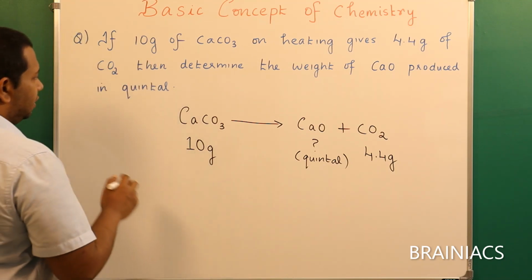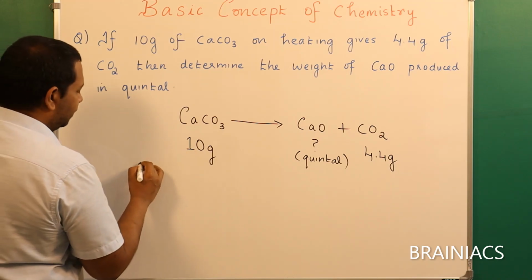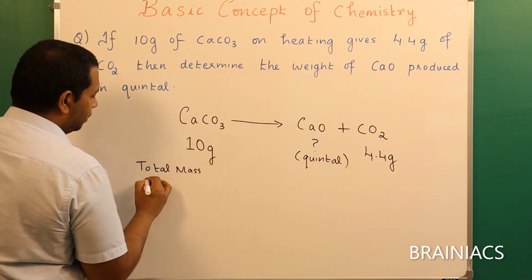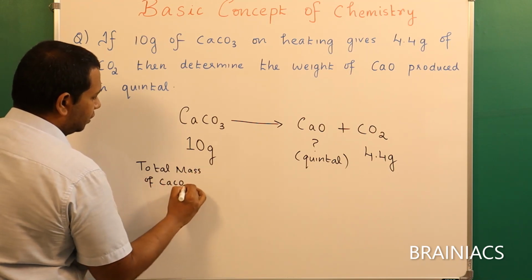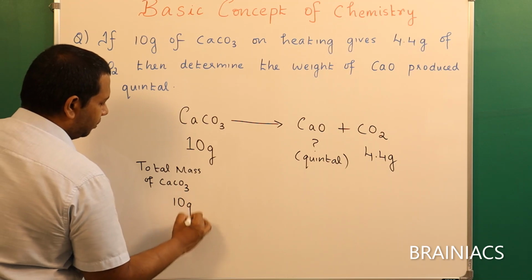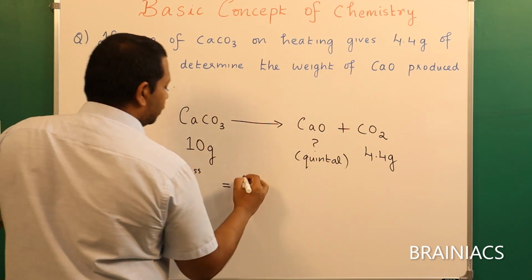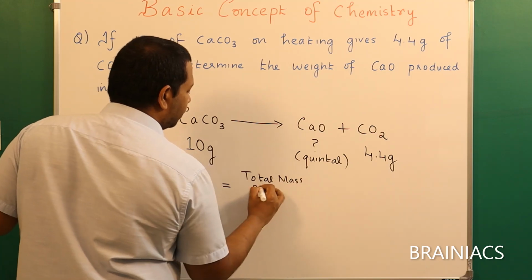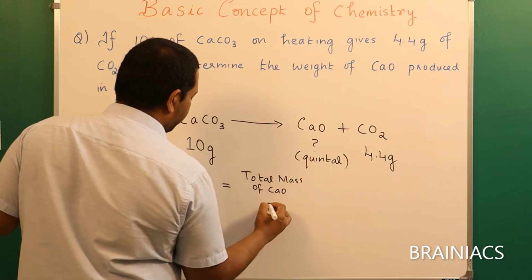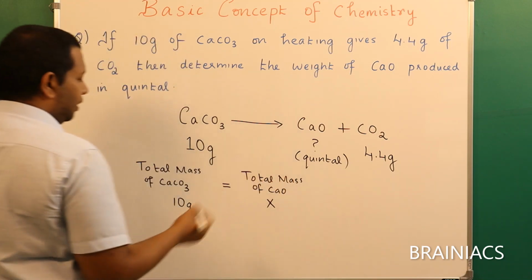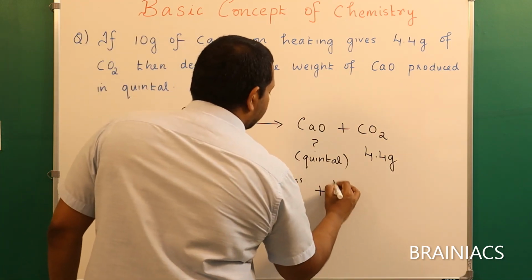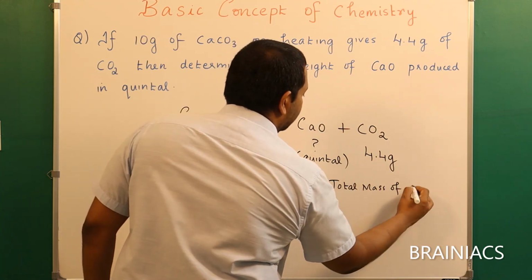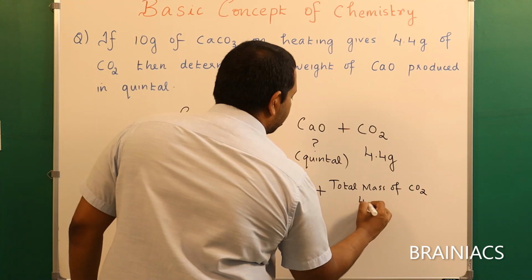So we say that the total mass of calcium carbonate, which is equal to 10 gram, is equal to the total mass of calcium oxide, which we don't know. Okay, we assume that as X, plus total mass of carbon dioxide, that is equal to 4.4 gram.